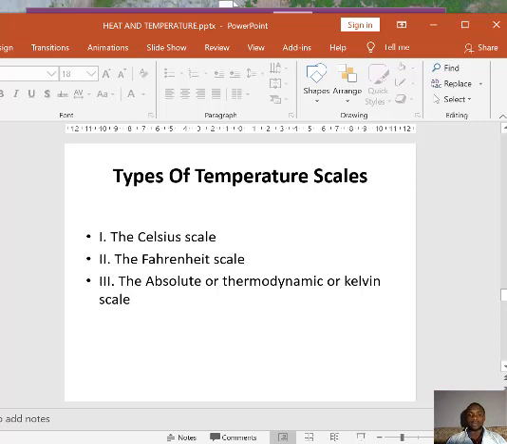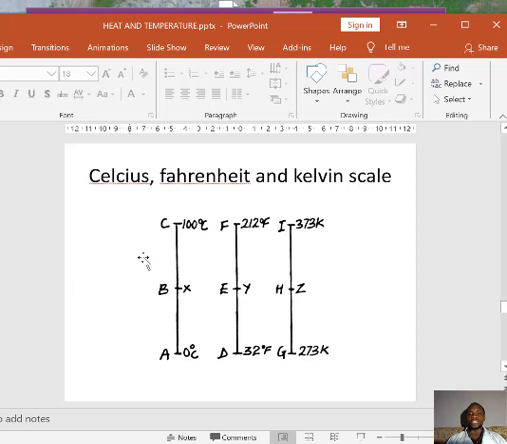The first bar here in this picture is the Celsius scale, with 100 degrees Celsius as the upper fixed point and 0 degrees Celsius as the lower. So the line ABC shows the Celsius scale.